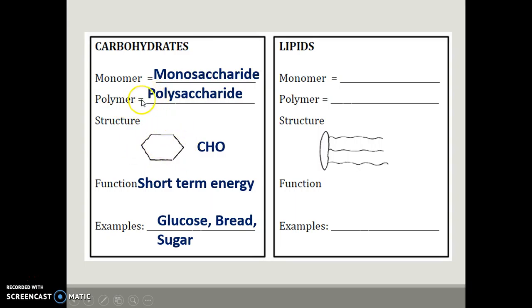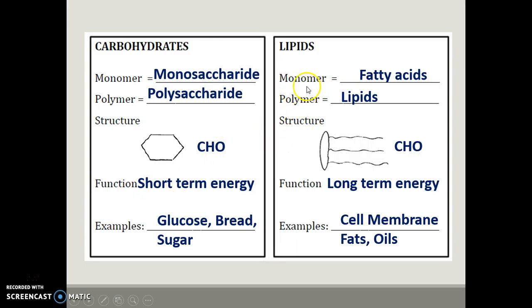The polymer is a polysaccharide. Poly means many, saccharide means sugar. It usually has the ring structure with the elements carbon, hydrogen, and oxygen. It is used for short-term energy and is found in things like glucose, bread, and sugar.